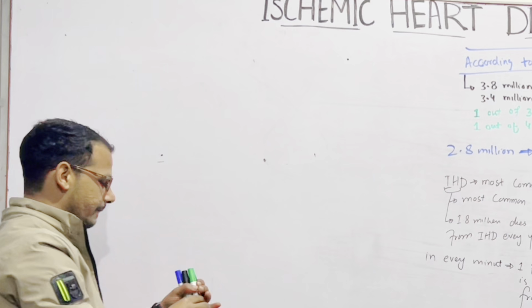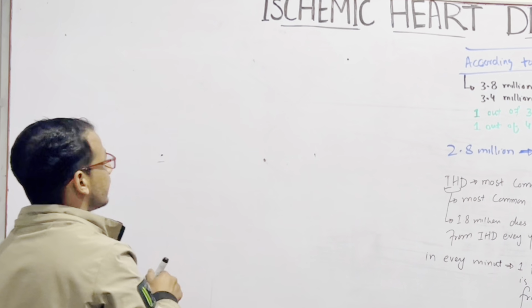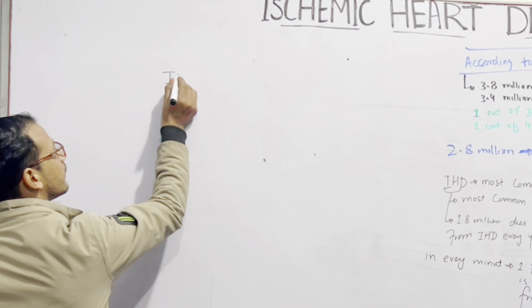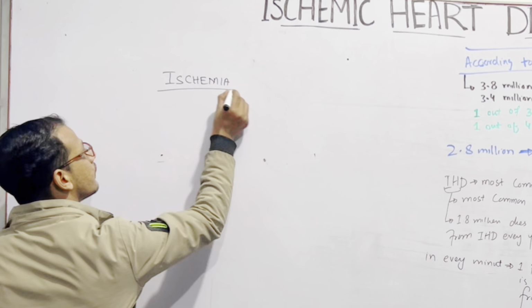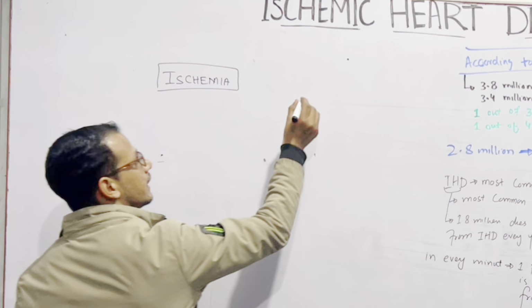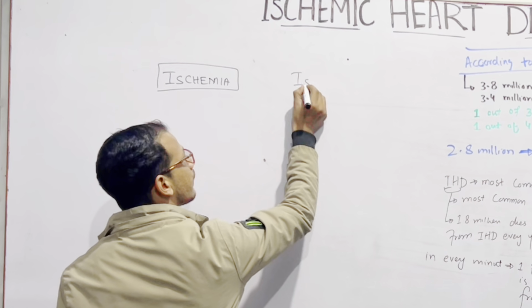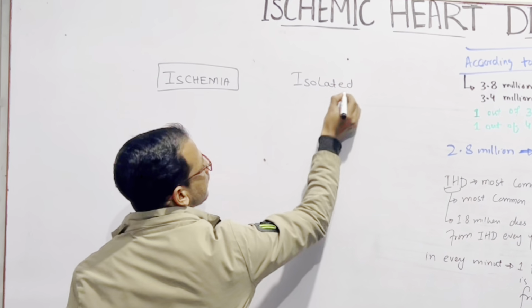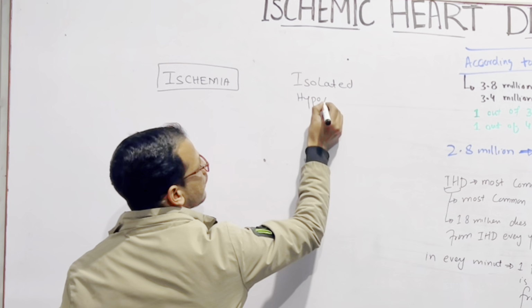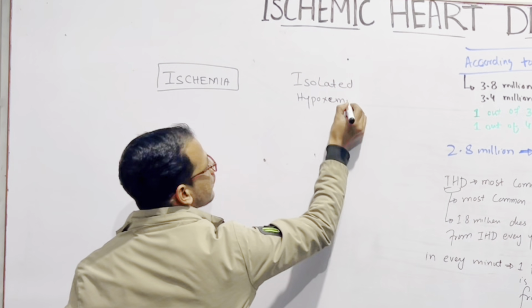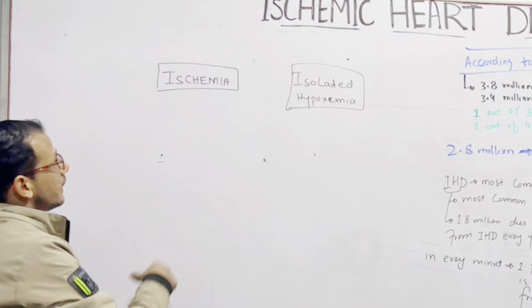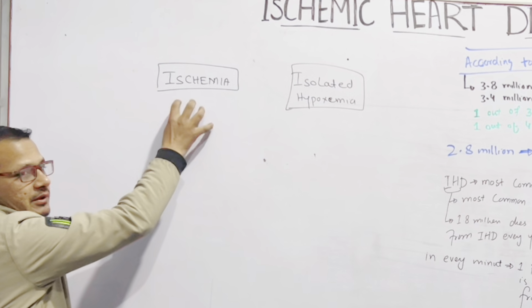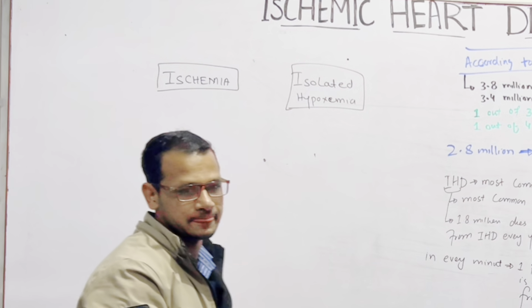For example, we have two terms. The one is ischemia, and the second one is isolated hypoxemia.